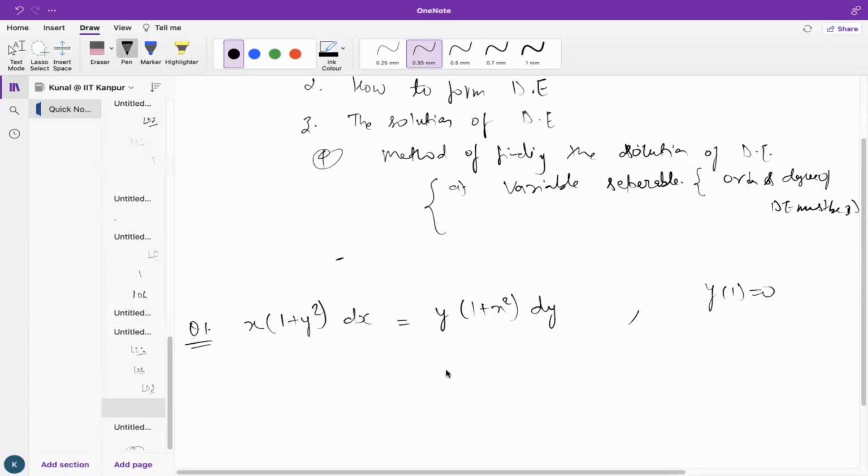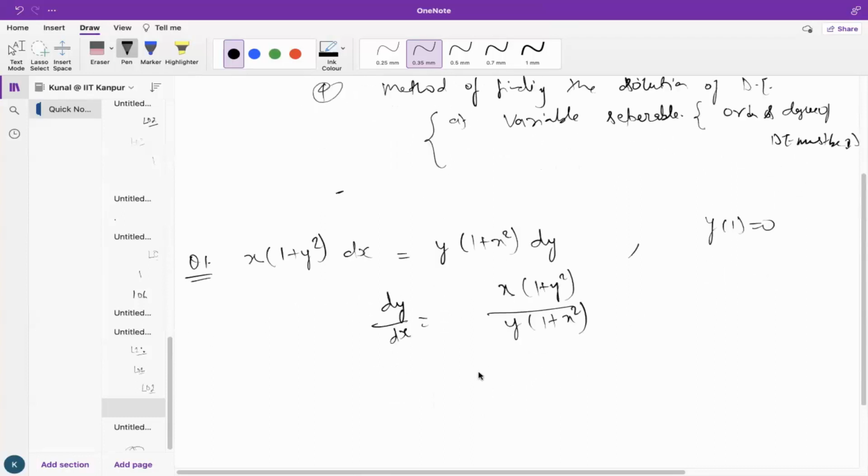We can write here dy by dx is nothing but x into (1 plus y square) divided by y into (1 plus x square). I think this was clear to you, right? So we can write it in this form.